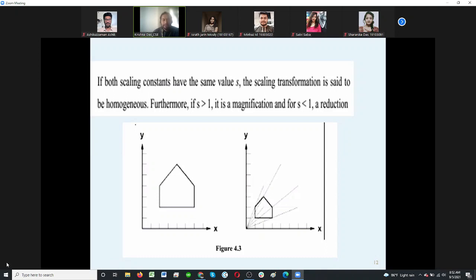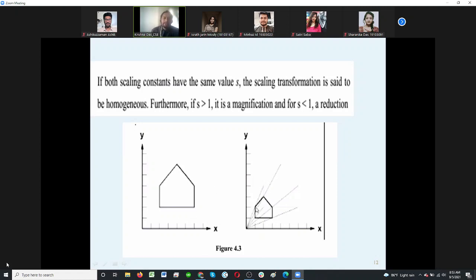It retains the same shape, but it is extending, either going larger or maybe smaller. And this is called homogeneous transformation. And if your scaling factors are not the same, then that is called differential transformation, differential scaling.